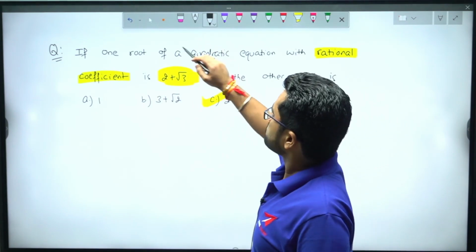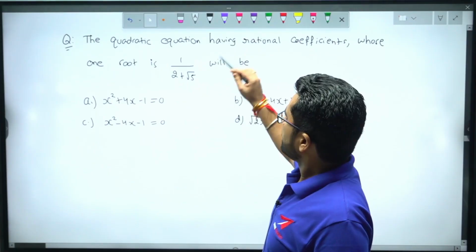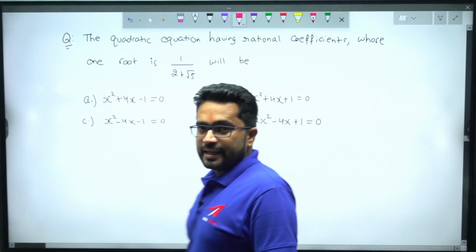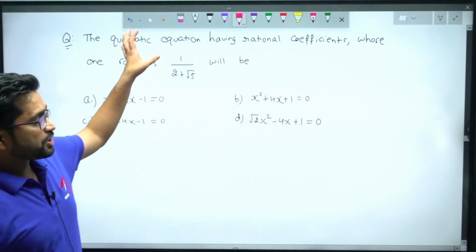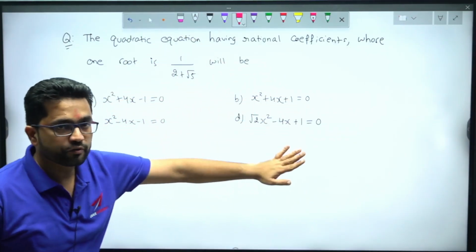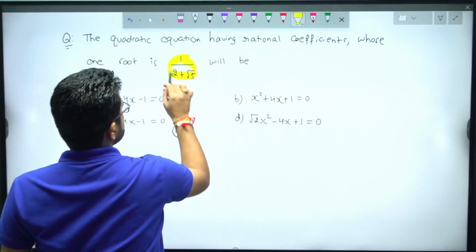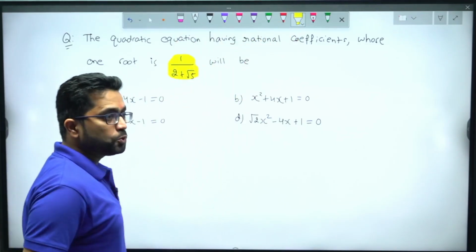Now let's proceed further to the next one. It says the quadratic equation having rational coefficients, whose one root is 1 by 2 plus root 5.